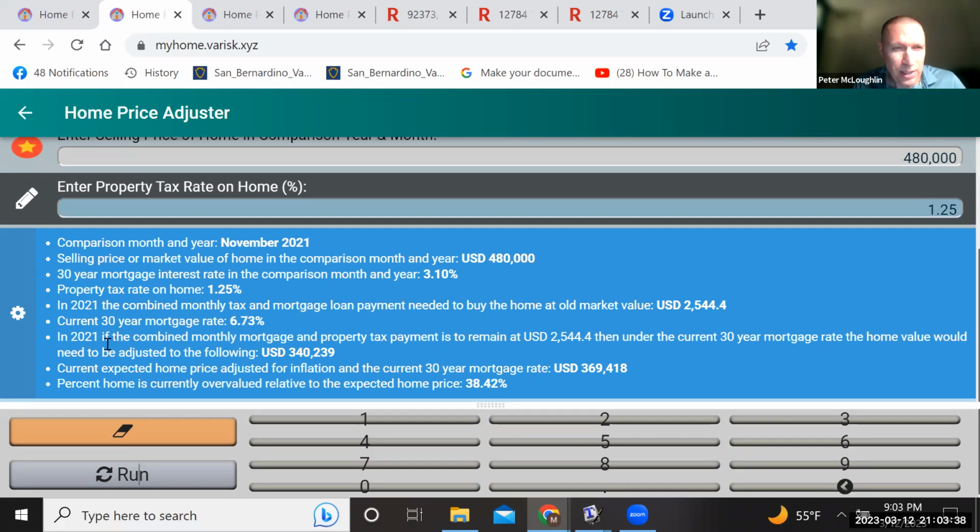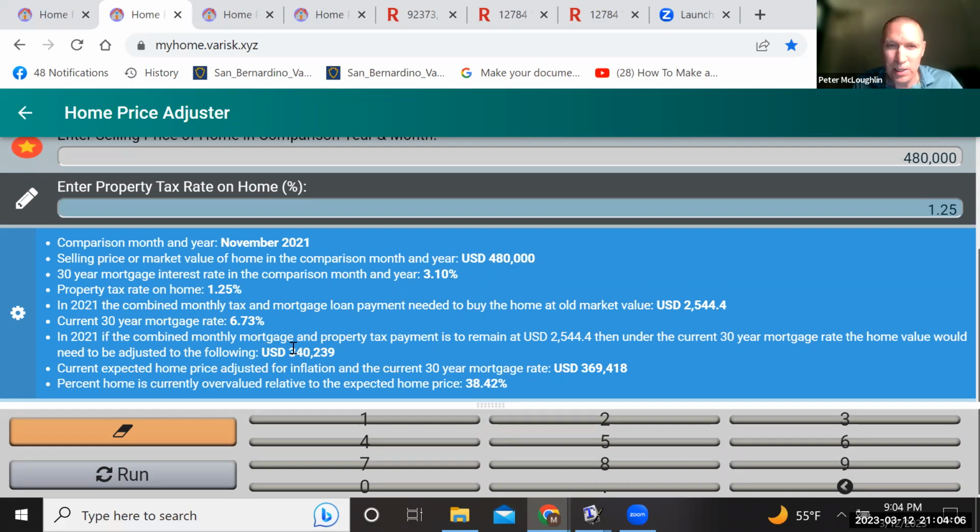So it's doing the mathematical calculation here. It's saying if you bought the house in 2021, the monthly mortgage and property tax payment would be $2,544. Then under the current 30-year mortgage rate, the home would need to be adjusted to $340,000 to have that same property tax and mortgage payment.